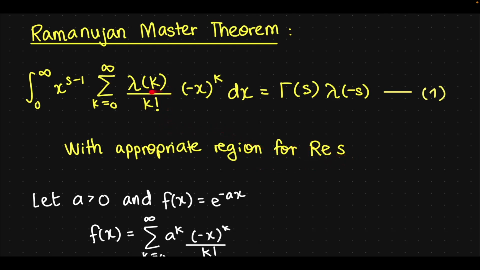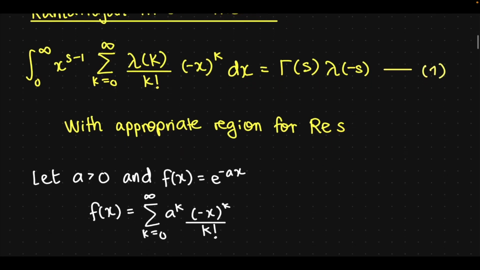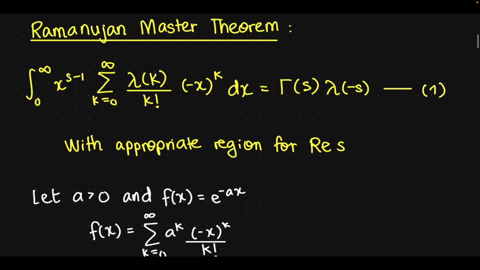Now, we're going to have to choose such a region such that this gamma function and lambda of minus s is analytic and well defined everywhere in that region of convergence that we choose. And that's something we're going to naturally inculcate throughout our examples. And as I said, I'm not going to get into the details.